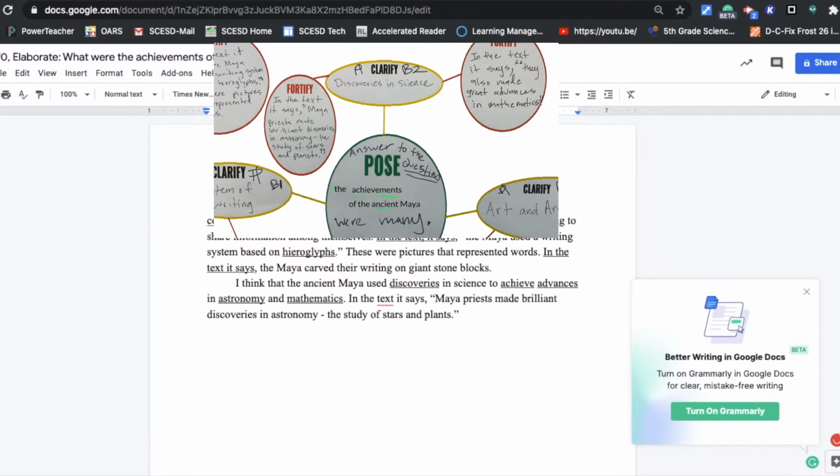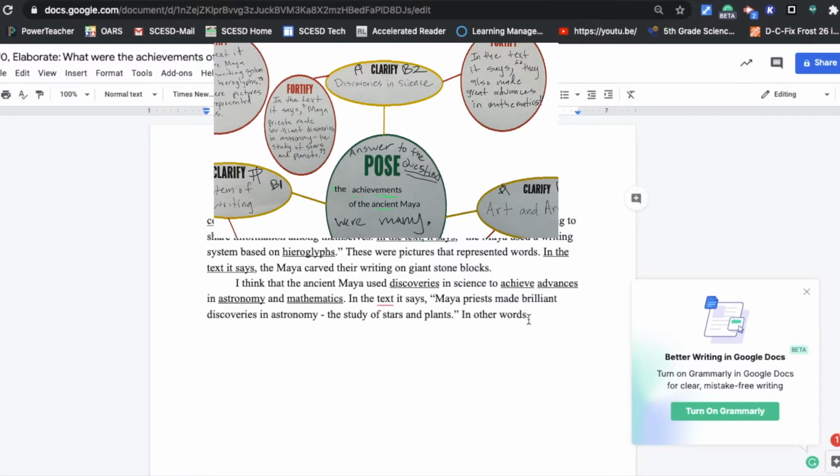We could leave it like that, or we could add another clarification statement in it. So if we wanted to add another clarification statement in it, we have this from the text, Maya priests made brilliant discoveries in astronomy, the study of stars and planets. Well, what can we say about that in our own words? So in other words, or our own words, in other words, let's go back to the original question. The original question asked about achievements.